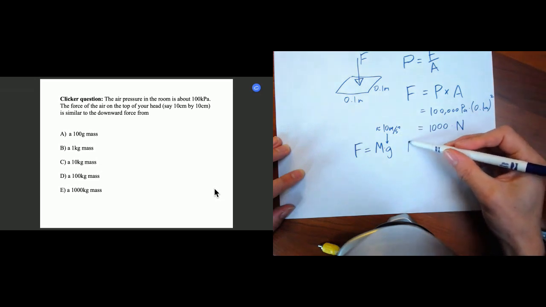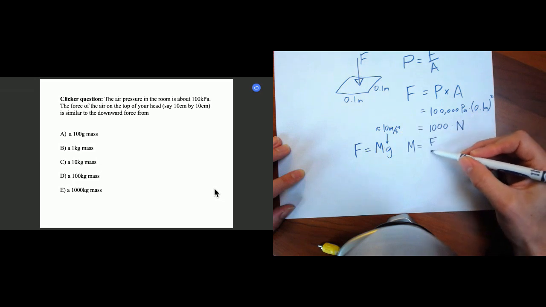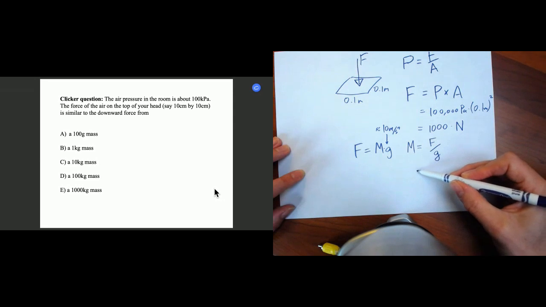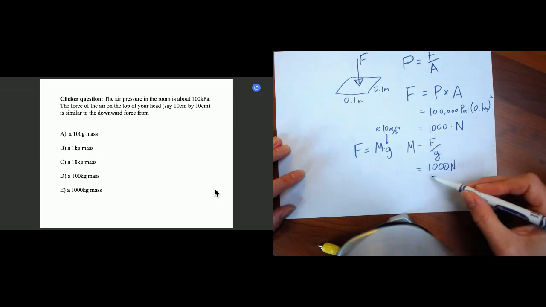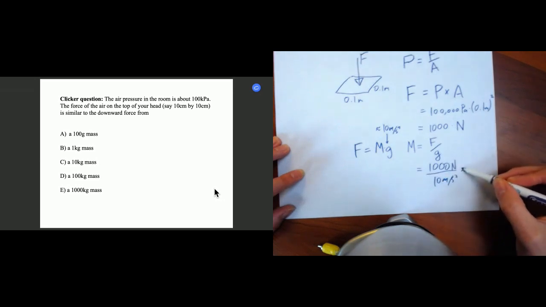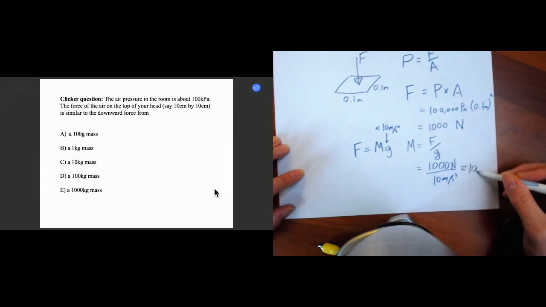So if we want to calculate the mass in this case, the mass is going to be the force divided by the acceleration of gravity. That's 1,000 newtons divided by 10 meters per second squared, and that's approximately equal to 100 kilograms.